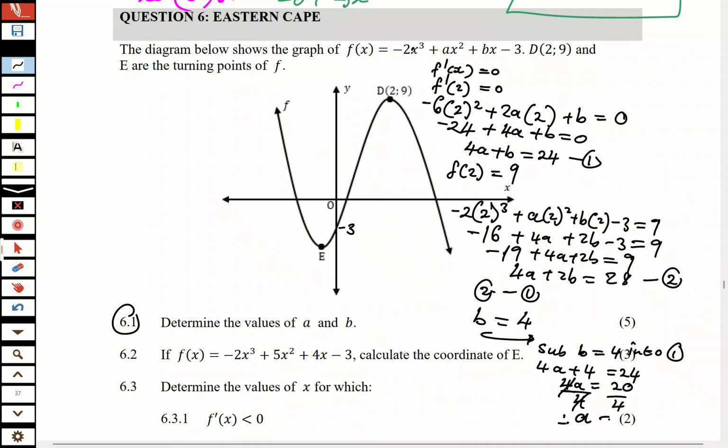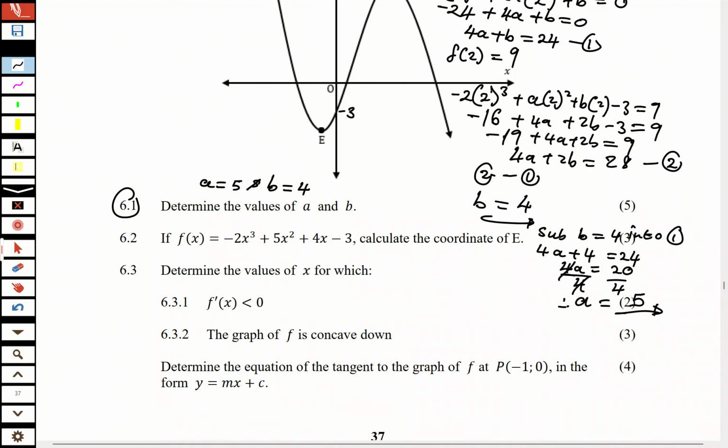So therefore, 4 goes into 20 5 times, because 5 times 4, I know is 20. So the answer is simply 5. And that should be your a. So your a is 5. And your b, that b, not that one, the b is simply 4. Simple as it is, guys.